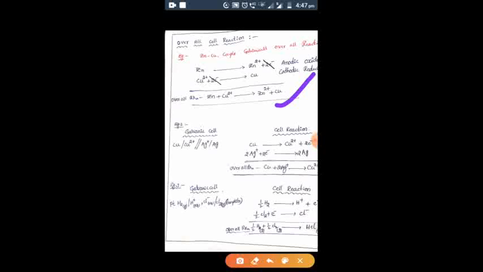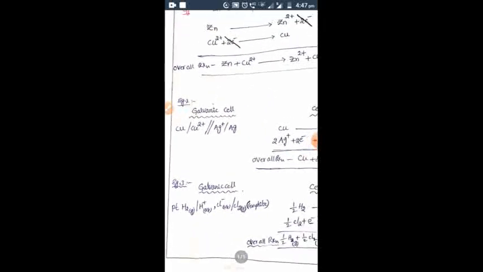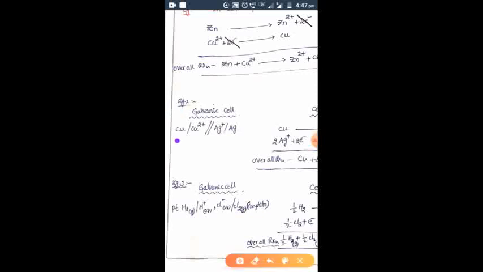Now I am considering another galvanic cell, and that galvanic cell is this one, Cu/Cu2+//Ag+/Ag.